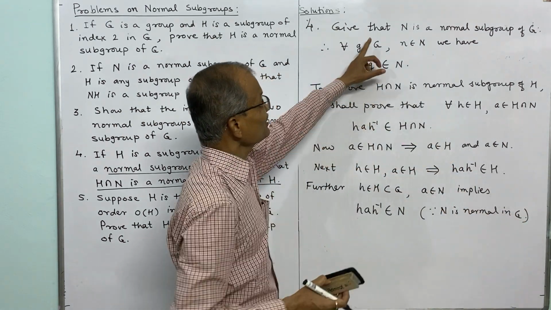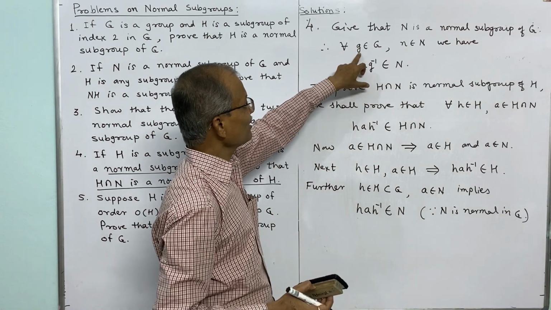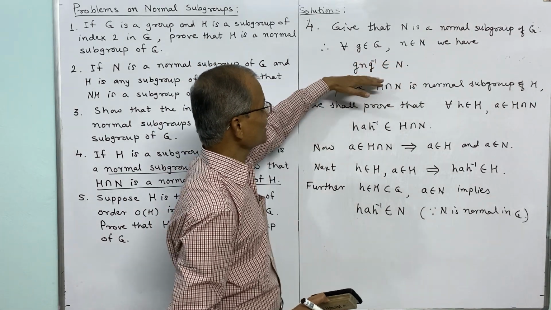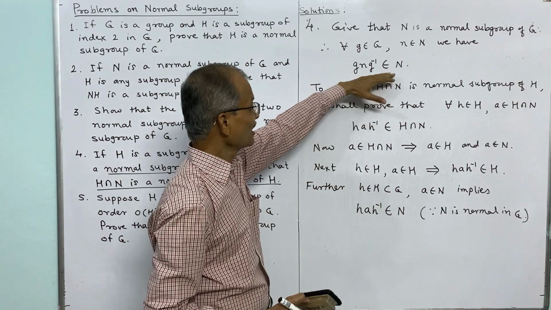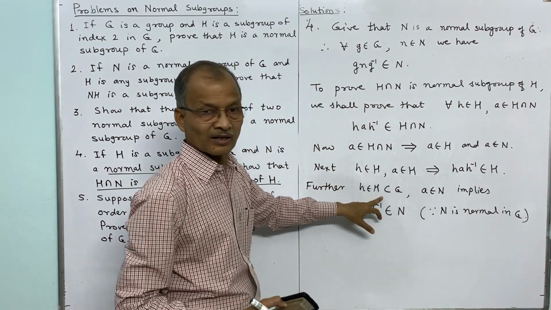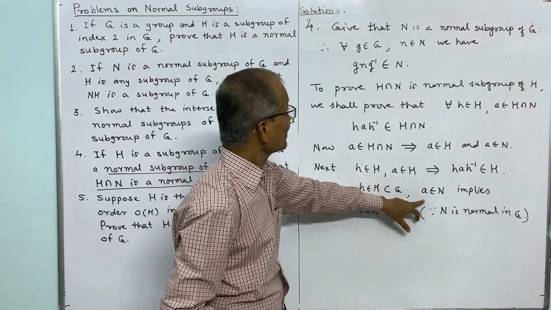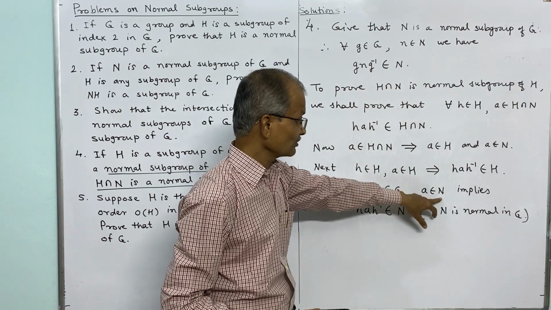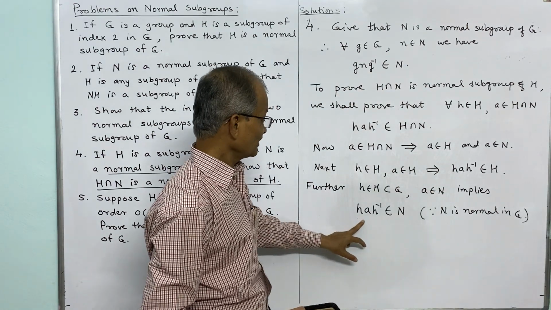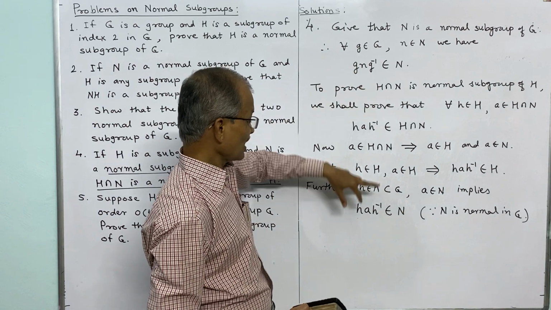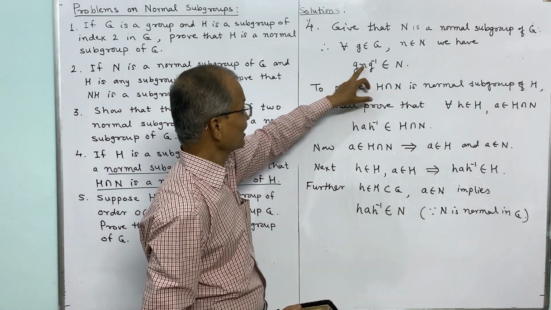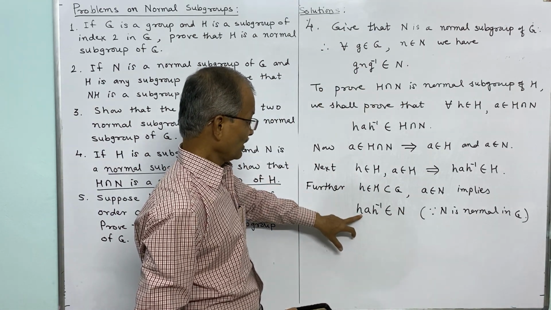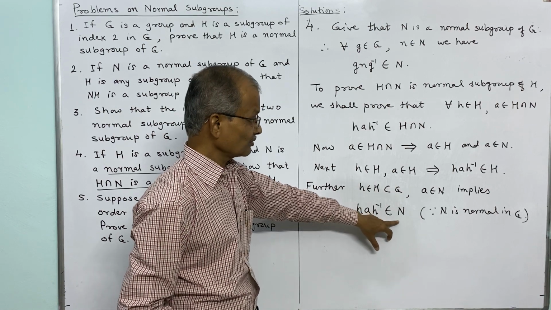Because N is normal in G, we have for every element g belongs to G, n belongs to N, this result g n g inverse belongs to N. Instead of g, here we are considering h, h belongs to G. Instead of n, we are considering a belongs to N, and that implies h a h inverse belongs to N. So g is replaced by h, n is replaced by a.